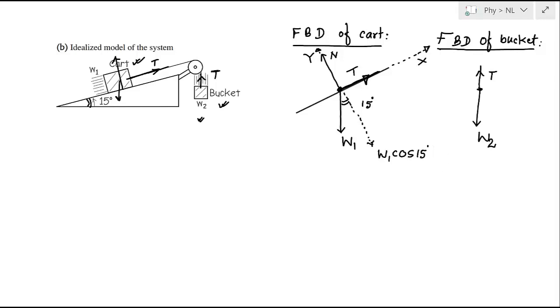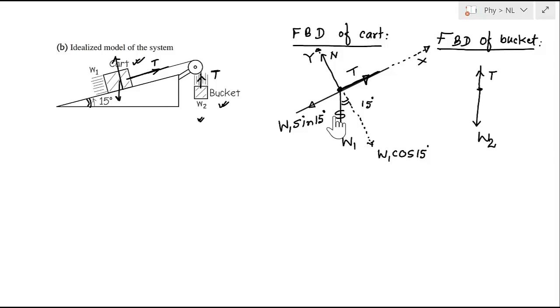Another component of W1 will come in this direction, and that will be W1 sine 15 degrees. Now we don't have to consider W1 itself anymore because we have taken its components, and that's why we are making a cross sign. Now we have our free body diagram ready.